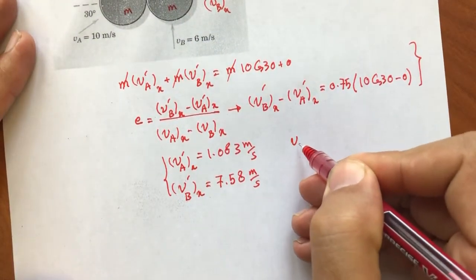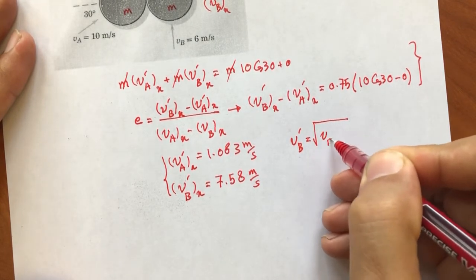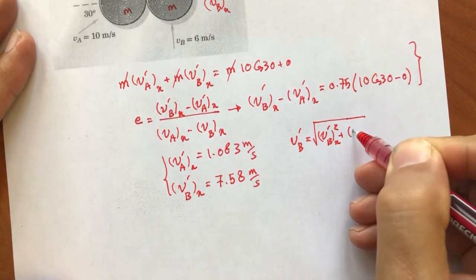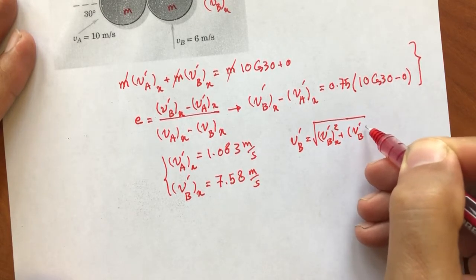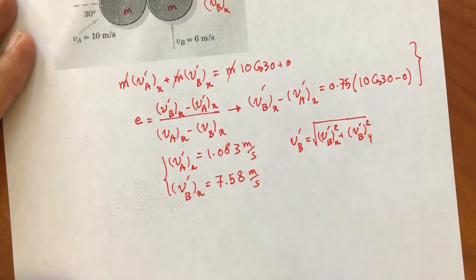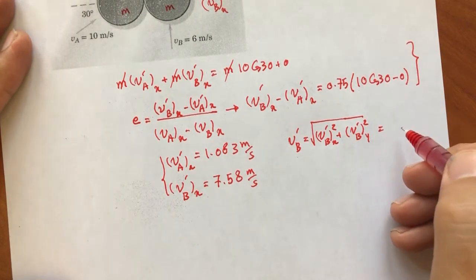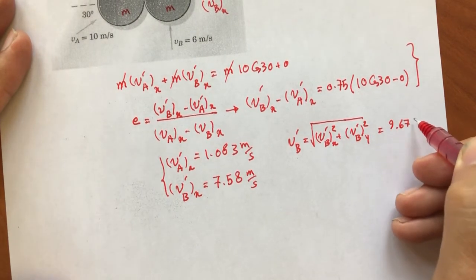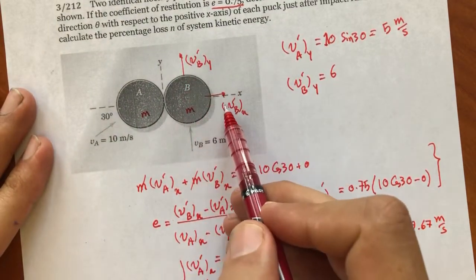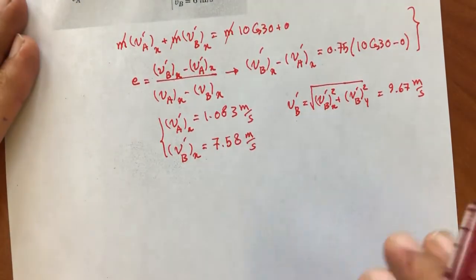So the magnitude is the square root of VB prime in the x direction squared plus VB prime in the y direction squared, which is equal to 9.67 meters per second. And the direction of it is going to be the inverse tangent of this velocity divided by this one, right? Obviously, I'm going to let you do that part yourself.